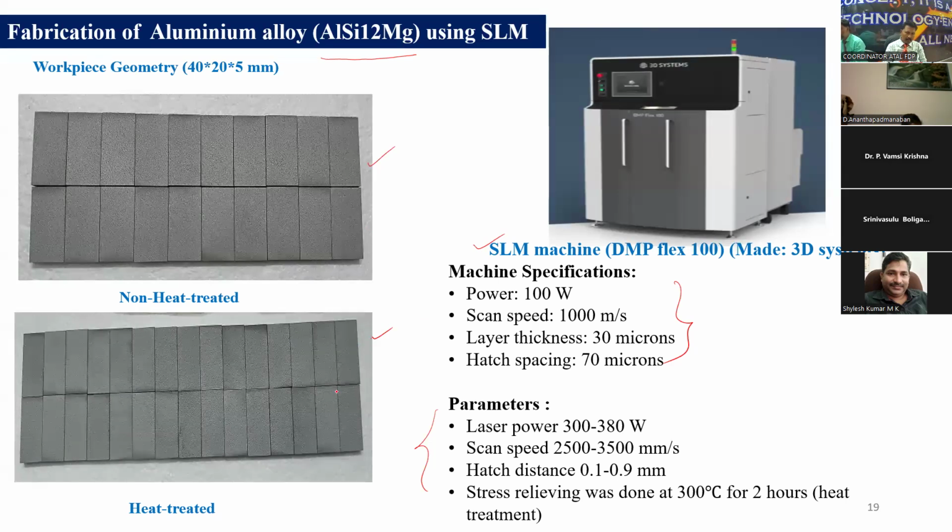After printing, some of the components we took as they are, that is the non-heat treated condition, and some we took in the heat treated condition. Why? Because we already discussed in the starting itself that heat treatment is also a post processing technique which is useful to relieve the stresses and to get better porosity or density.